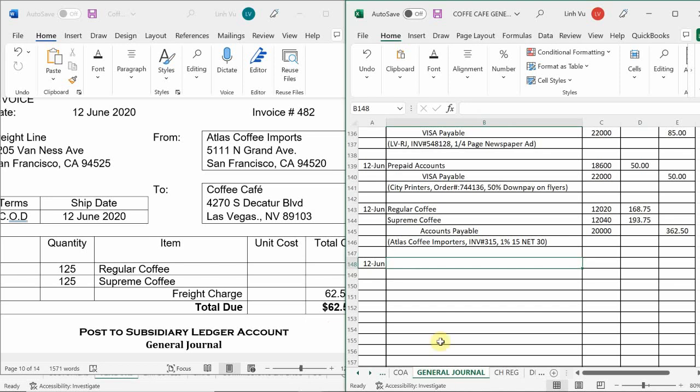It could be inventory because it adds to the inventory total. For perpetual inventory, you put every single cost into inventory because that's the rule. Whether it's tax, shipping, handling, or expedited fees, all of that goes straight into inventory. It's included in the cost of inventory. So we're going to put them in the regular and supreme coffee accounts.